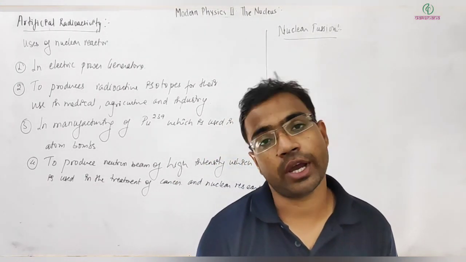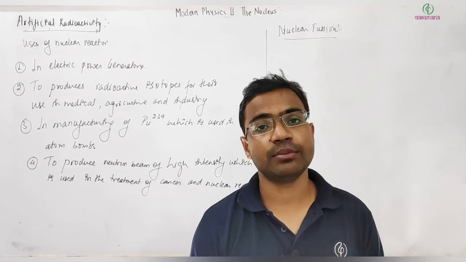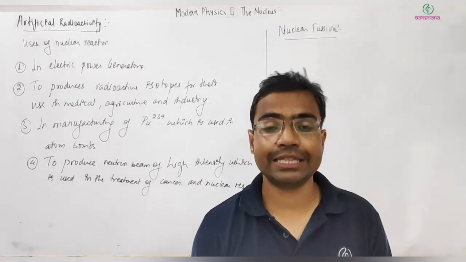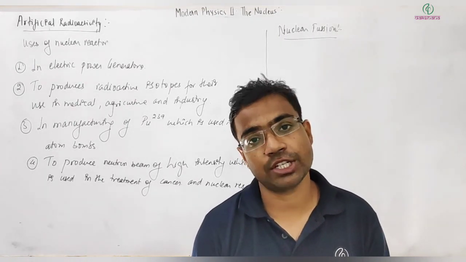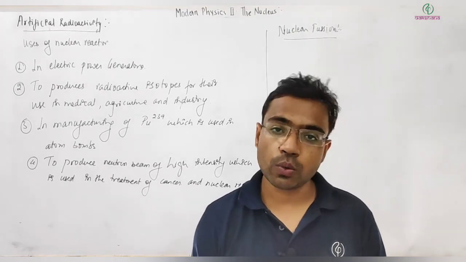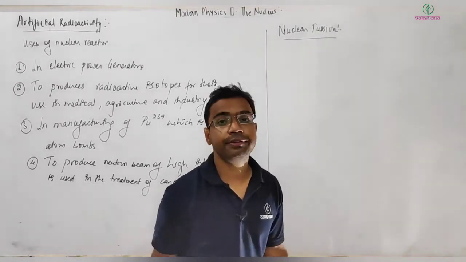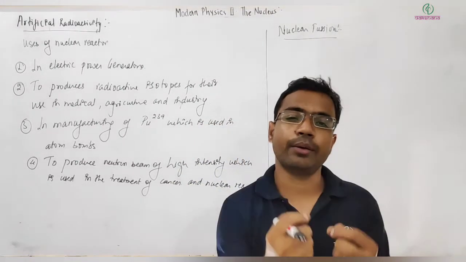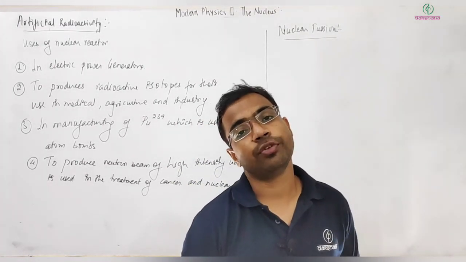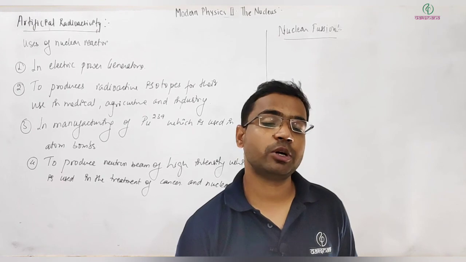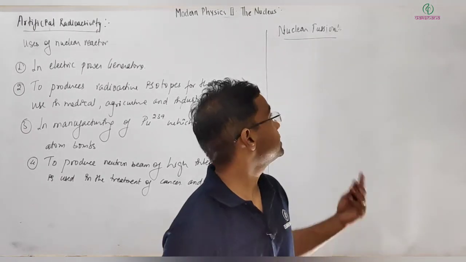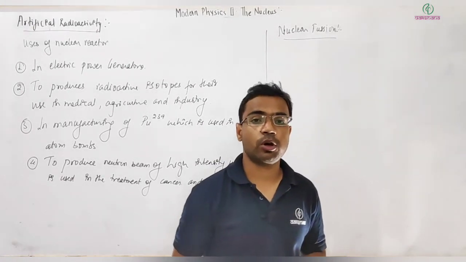That results in some mass defect, which produces equivalent energy in the process, and that is called nuclear fusion. So lighter nuclei combine to form heavier nuclei, and a large amount of energy is released. This is called the nuclear fusion process.